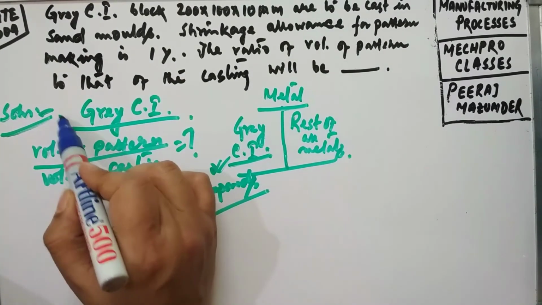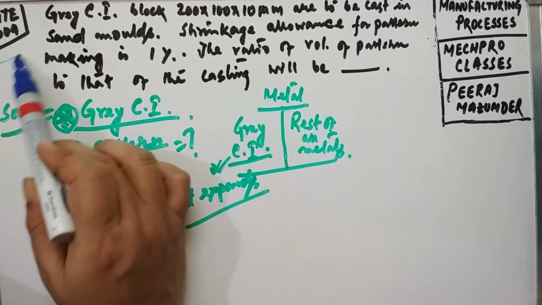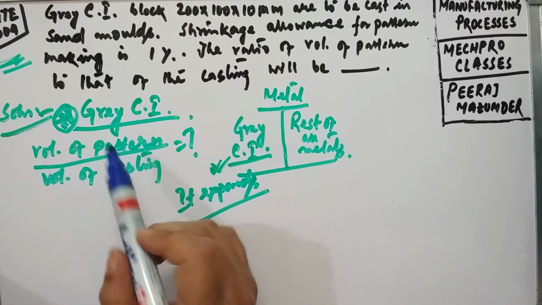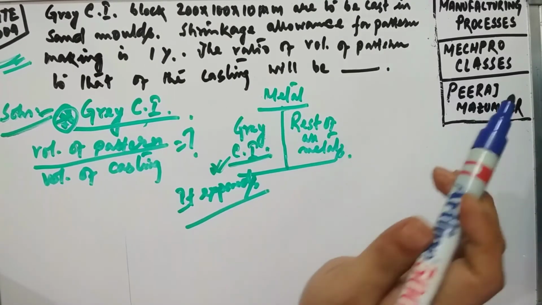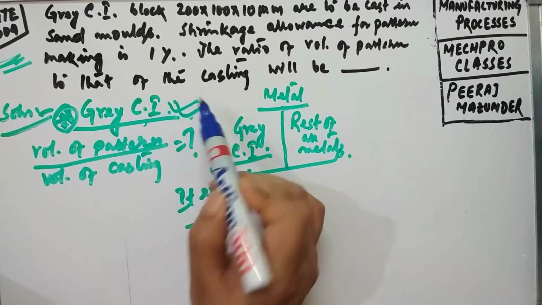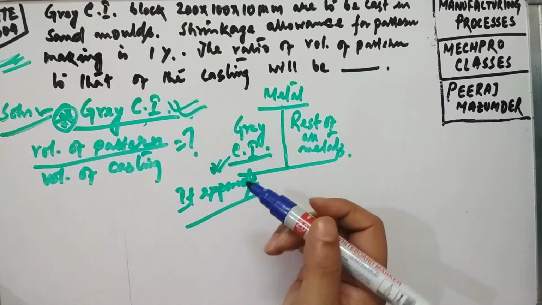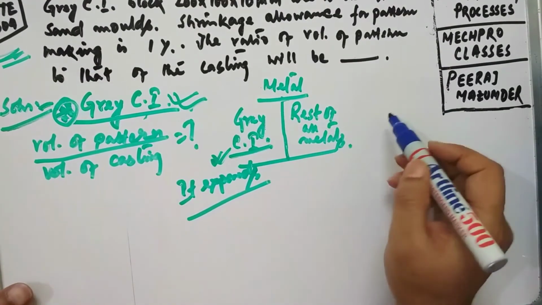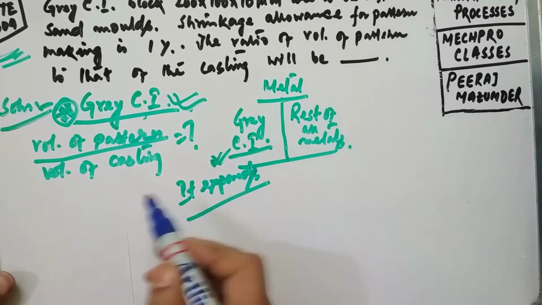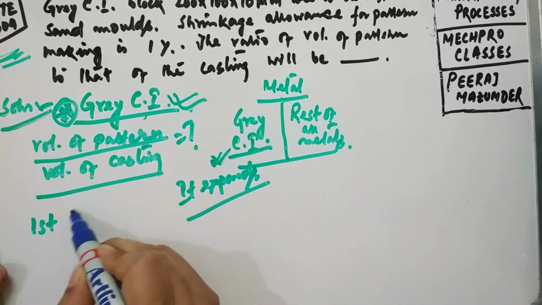That's why this GATE problem is always a special one. They have given grey cast iron, not simply a metal. They have mentioned grey cast iron. That is the beauty of this particular problem. Now look, we already know that the riser compensates only the first part and second part.